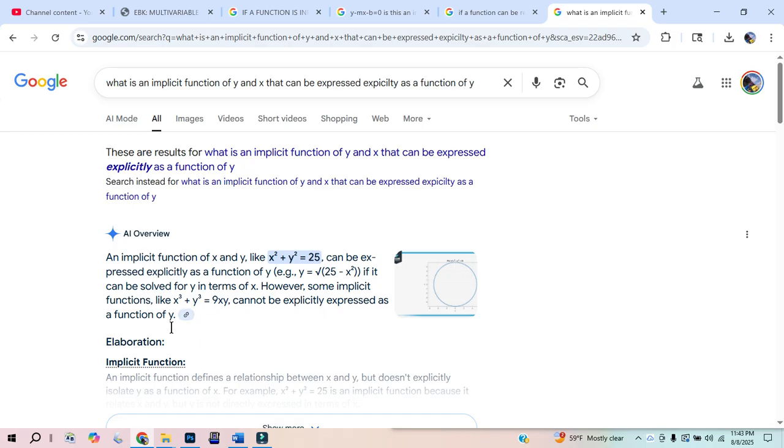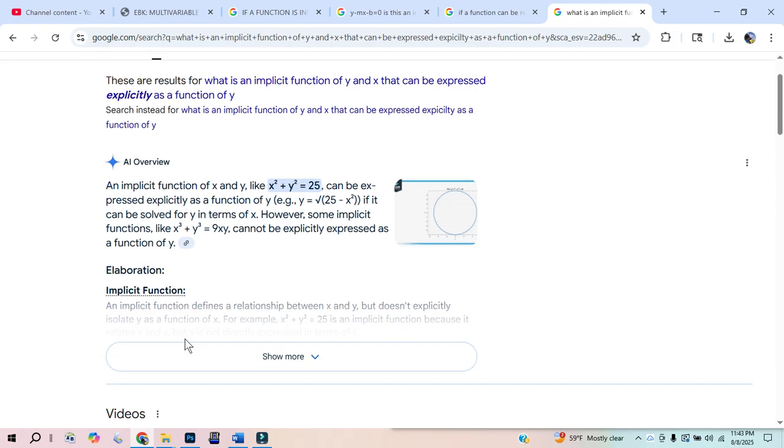This example makes sense to me, I guess. It's going to be very difficult or impossible to express as a function of y. It cannot explicitly be expressed as a function of y.